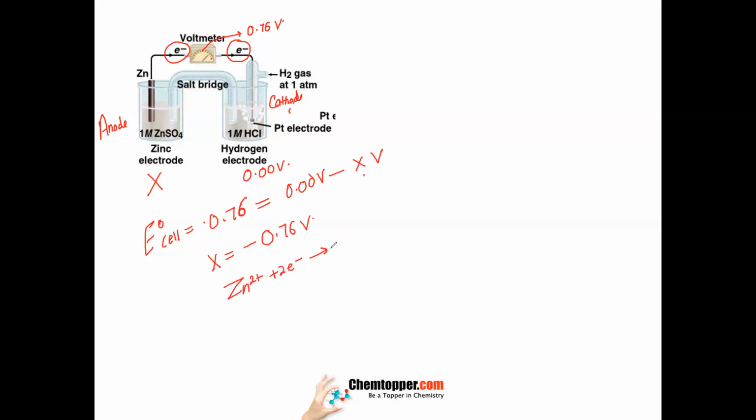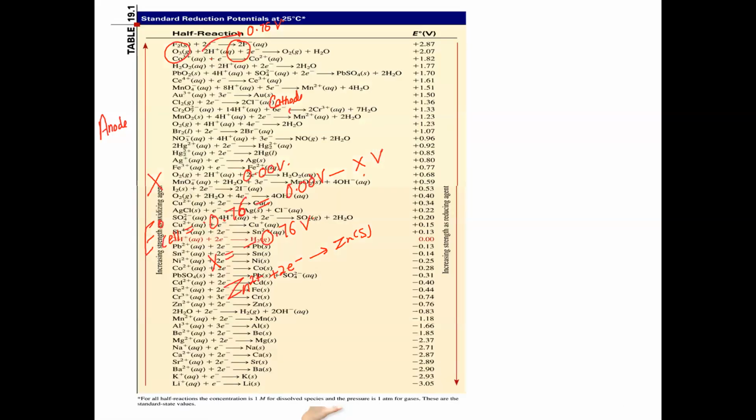Let's go to the table. We are going to the table to see whether we are right or wrong. The reference electrode table. Here. Can you see where is zinc, children? Is the value right or wrong? Where is zinc? It's here. You can see it. Isn't it the same value mentioned here?